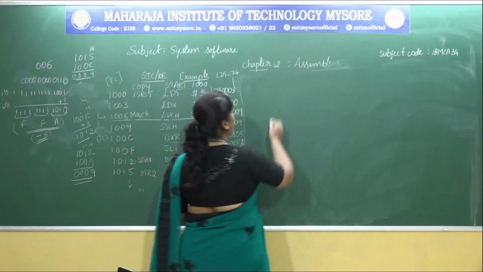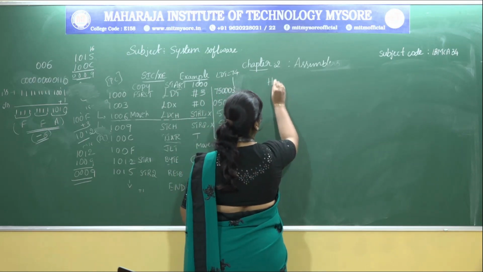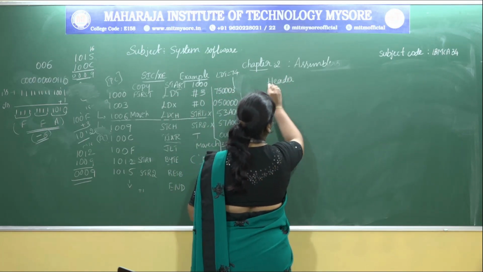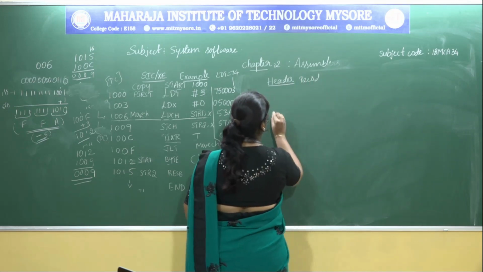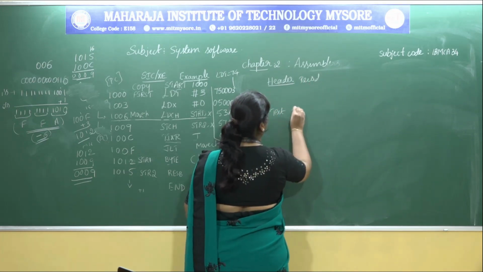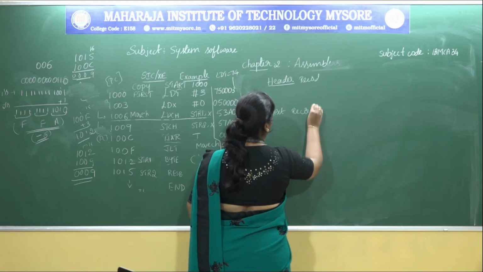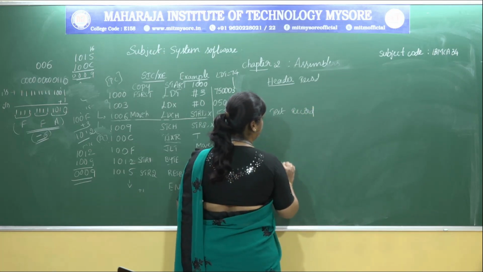So what are the records it has? The header record, text record and end record.